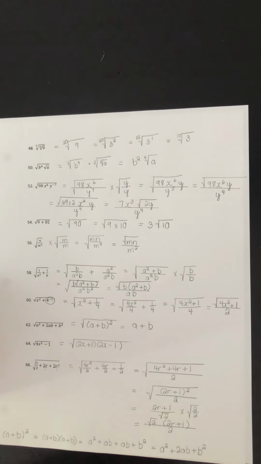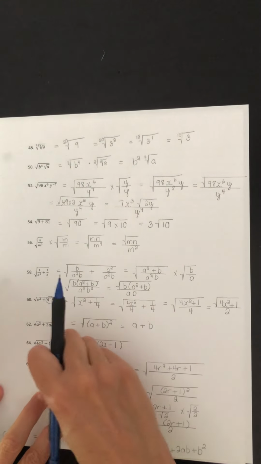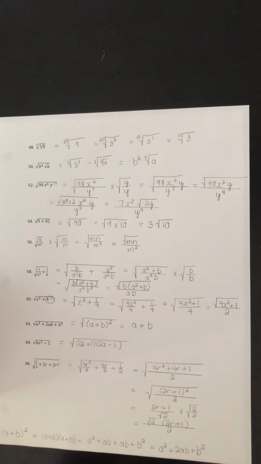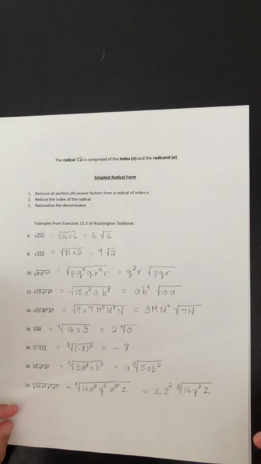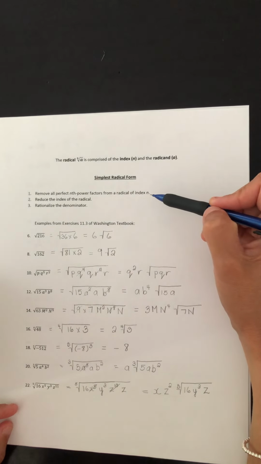Okay, so we have just completed all of the relevant even numbered problems from exercises 11.3 of your textbook. Again, the topic was simplest radical form. It involved 3 parts. You have to make sure that all perfect nth power factors have been removed.